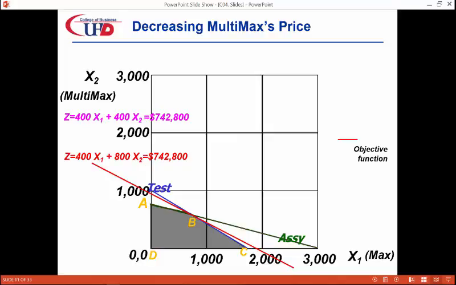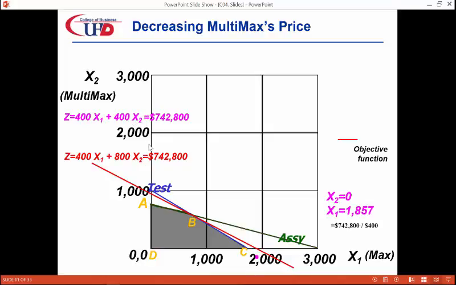Let's try to figure out first its two intercepts. To get this target profit, $742,800, let's suppose we get it by producing only Max. That is to determine x1 by assuming x2 equals 0.